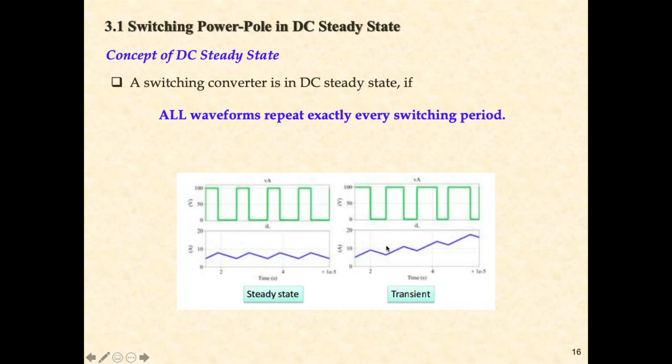So for this one, the condition is transient. But now we just consider the converter in DC steady state, so it should look like this. Here the initial point is this level, and then the final point is here. So it is steady. It can also work for the voltage waveform. The magnitude is the same, 100. For each cycle, the peak value here is still 100 volt.